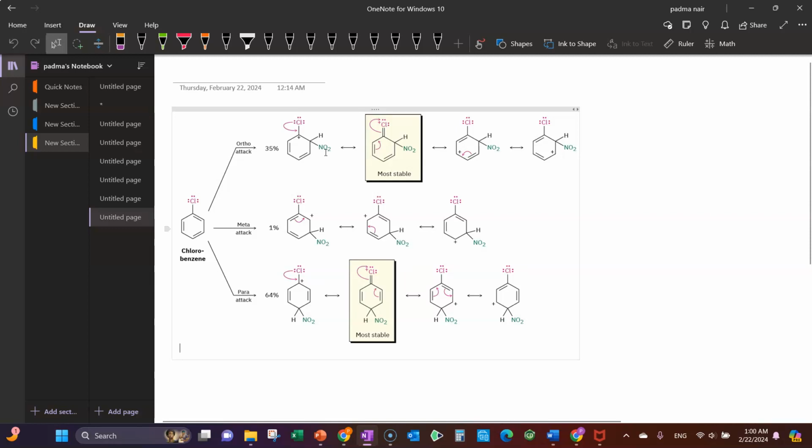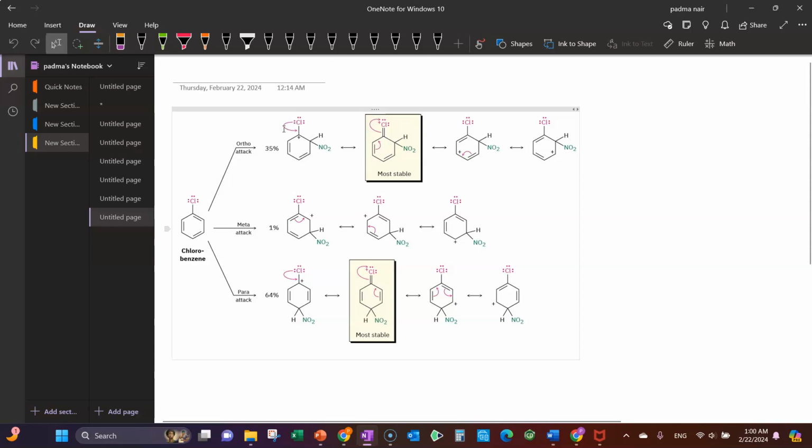So we look at a case where NO2 goes to the ortho, and now our existing substituent is a halogen, chloride. Chloride pulls electron density out by inductive effect, but at the same time it can make the benzene ring electron rich by pushing electrons back towards it.